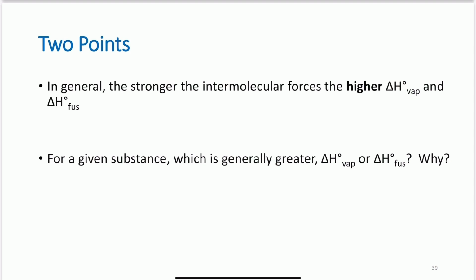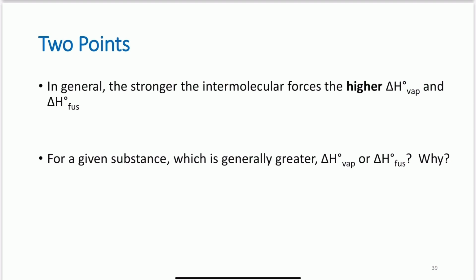So if I'm trying to go to a full gas phase, I'm trying to break apart all the intermolecular forces, which form for energy stabilization. If I'm trying to break all that apart so that these particles can float around freely without interacting with one another, it's going to take more energy if they have higher IMFs.